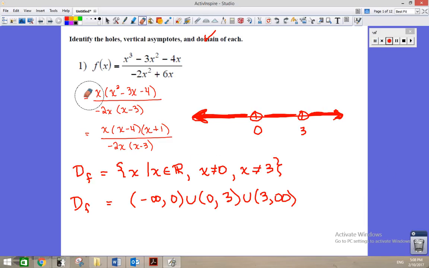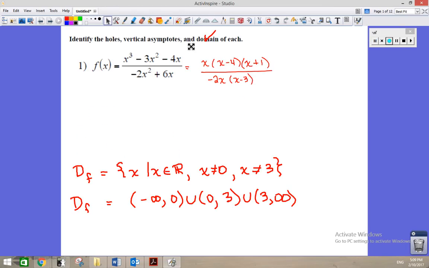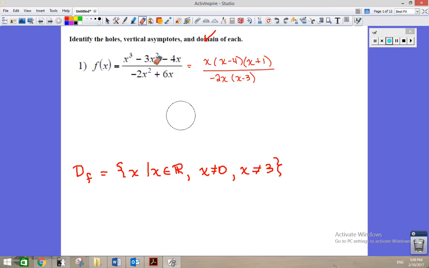So I don't want to erase my final answer here of it being factored, but I need to give myself some room. So let's move this up to here, and I'm going to erase my interval notation. All right.